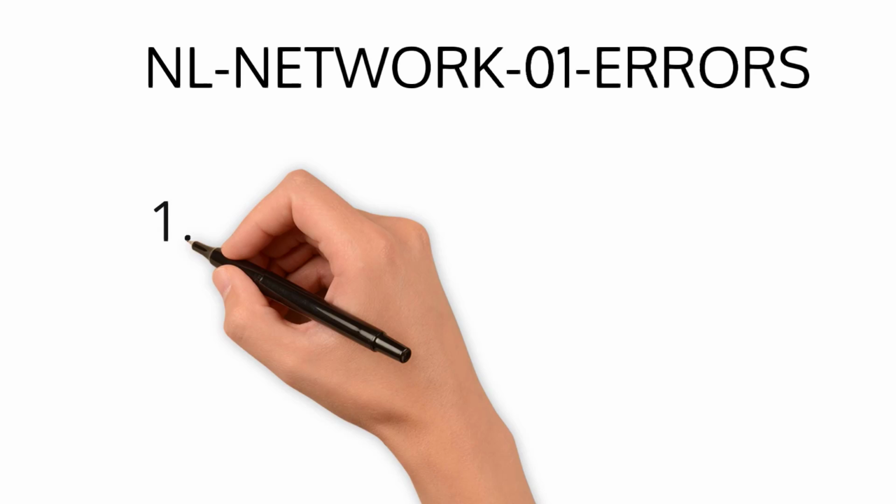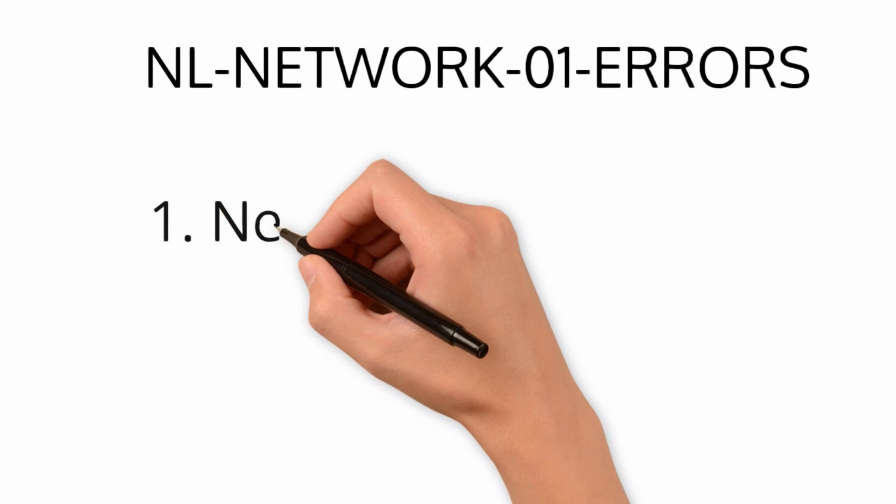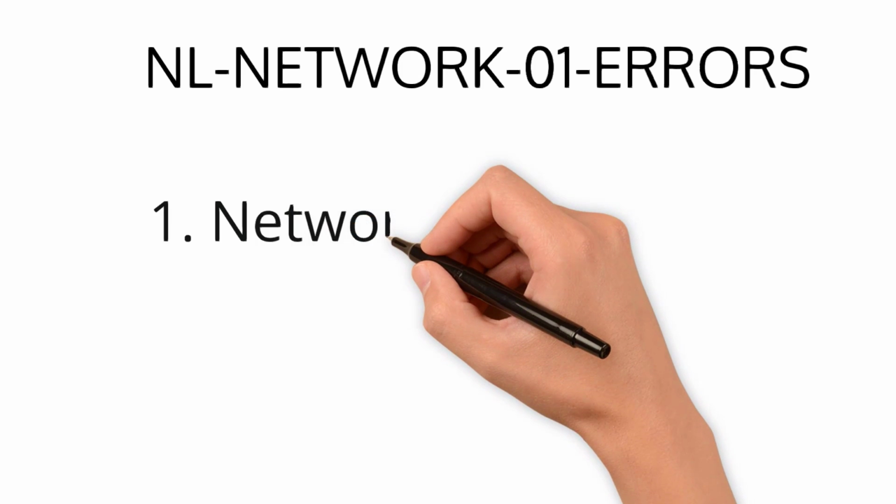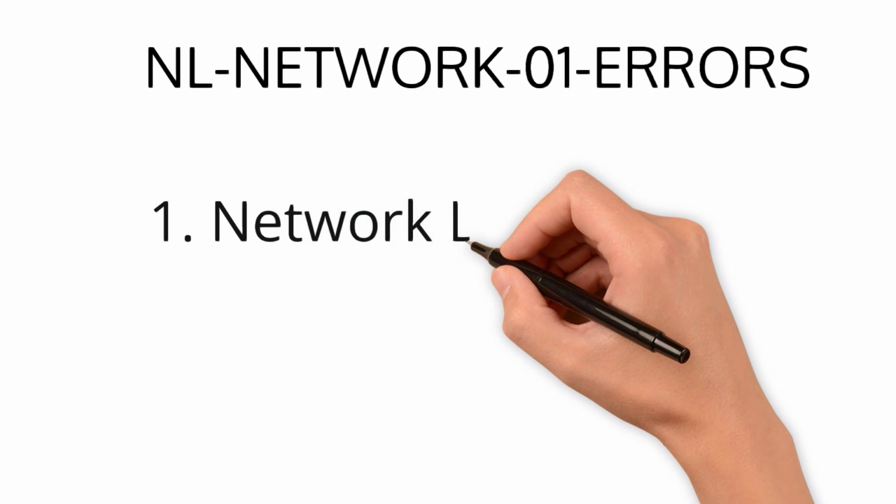So to address this, it's important to understand the underlying causes, and we'll see how to troubleshoot them effectively. In the following video we'll see the best practices for us to attempt to resolve the issue on our own. And since there are several reasons for NL-NETWORK-01 errors, we will focus on the common scenarios.